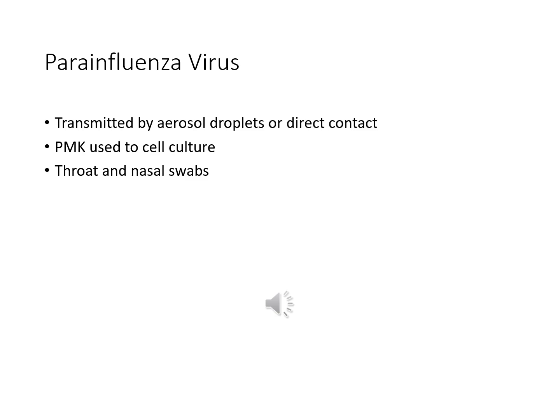So the differences between the influenza and parainfluenza: the severity is one of them, the age group, and then the vaccine availability. So severity, the influenza tends to cause more severe symptoms and complications compared to parainfluenza, which is usually milder.